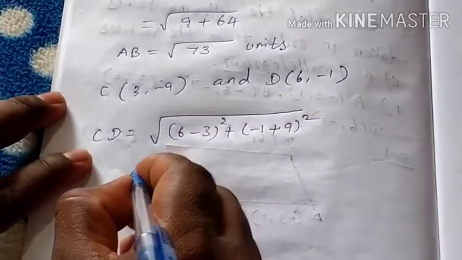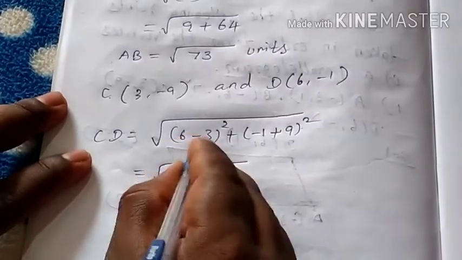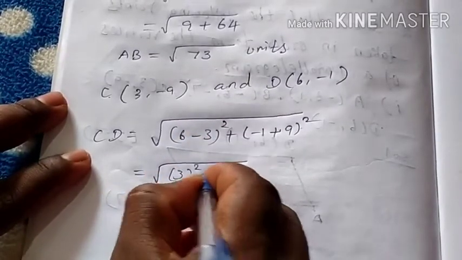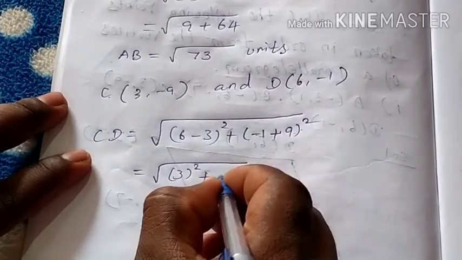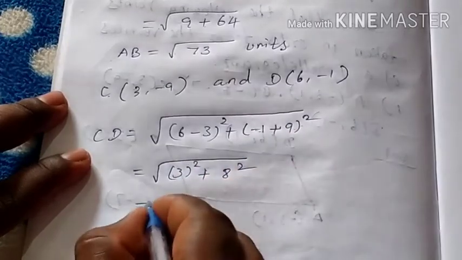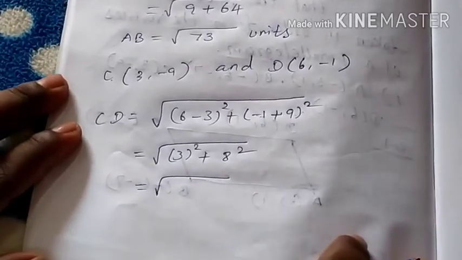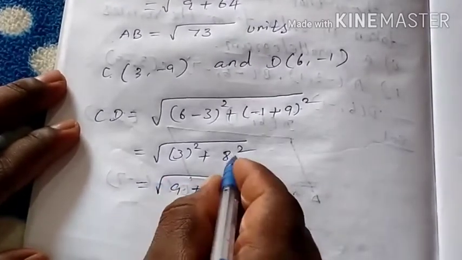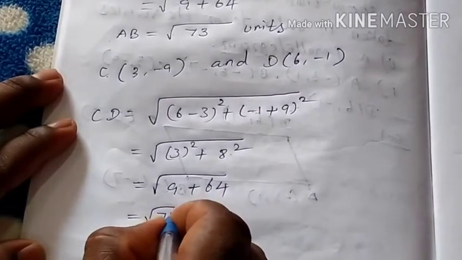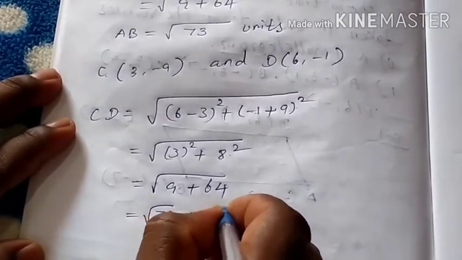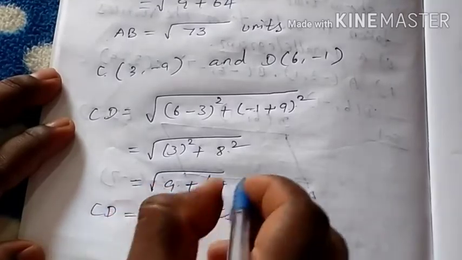Okay, this is equal to the square root of 6 minus 3 is 3 the whole square plus minus 1 plus 8, minus 1 plus 9 is 8, so 8 square. This is equal to the square root of 3 squared is 9 plus 8 squared is 64. The sum of the two values, root of 73 units. Now we get the CD value.